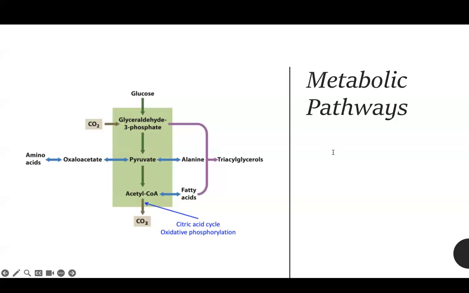Most metabolic pathways include oxidation-reduction reactions. Catabolism usually involves oxidizing carbon, while synthesis involves carbon reduction. Remember that oxidation is the loss of electrons and reduction is the gain of electrons.